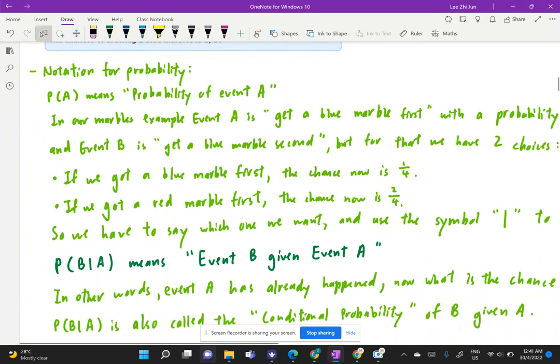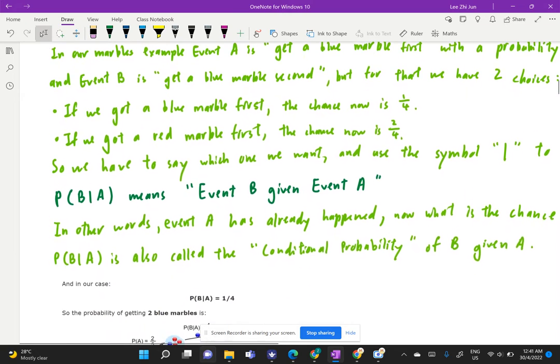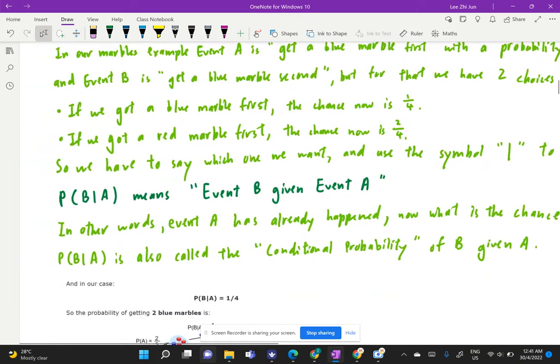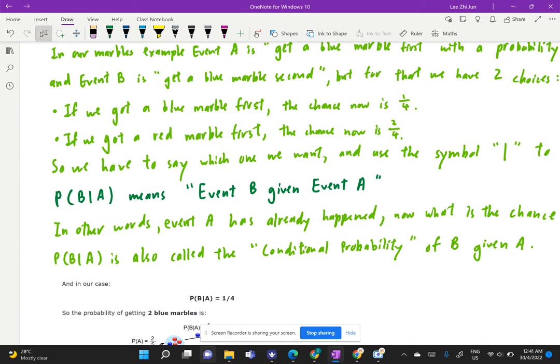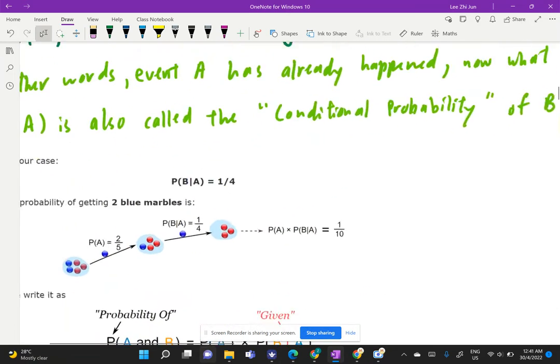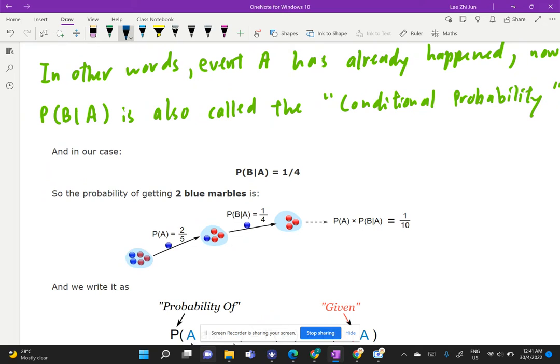P(B|A) means event B given event A. In other words, event A has already happened, and what is the chance of event B? P(B|A) is also called the conditional probability of B given A. In our case, P(B|A) is 1 per 4.